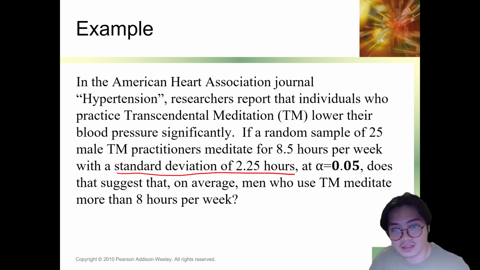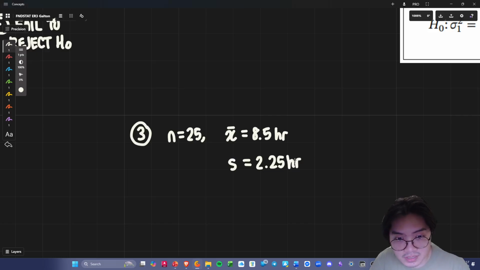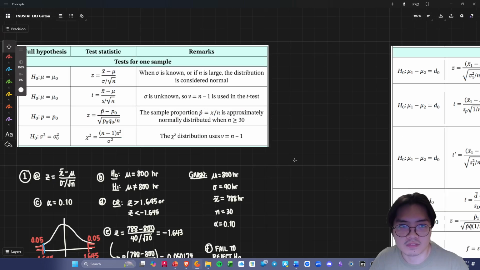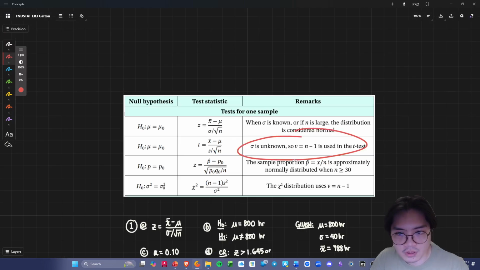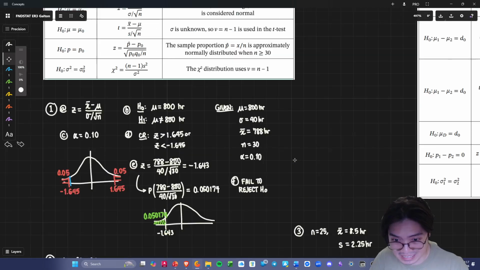Note that the researchers do not say anything about the population standard deviation. They are not saying anything about the population; this is just the standard deviation of their sample, which means this is actually letter S. From here we say, oh, S, we're going to have to use the t-test.